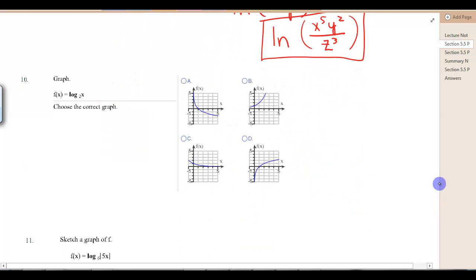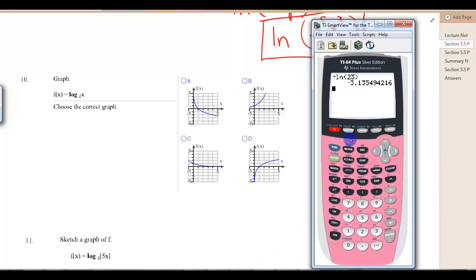All right, we're going to use our calculator to try to match a graph here. Let's go to y equals and clear this. Log base 2 of x. So we're going to have to use our change of base formula to actually get that to work. So you're going to put in log of the argument. So we're going to put log x, close, divided by log 2.